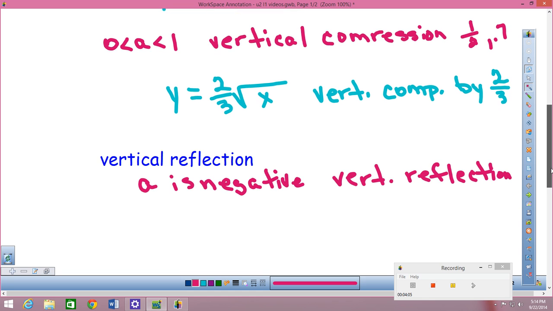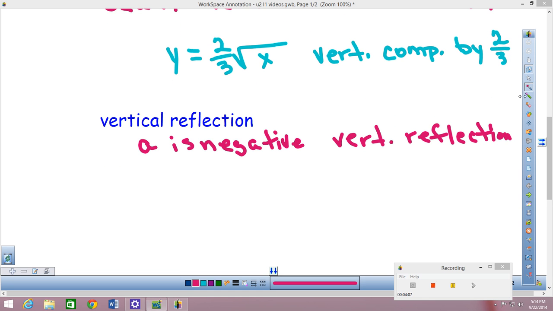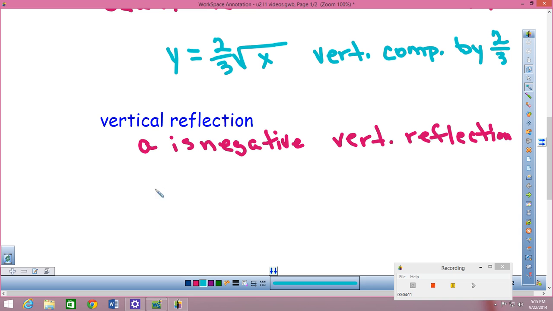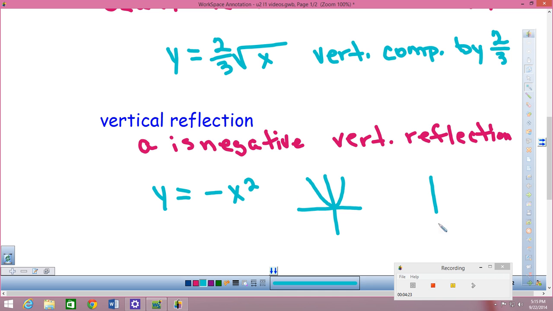Let's just use the square root function again, because that one's easy to flip. So if I have y equal negative x squared, well, you know the parent function of x squared looks like this. But if it's negative x squared, then that causes it to reflect vertically. It flips upside down. Okay, so that's the a value.